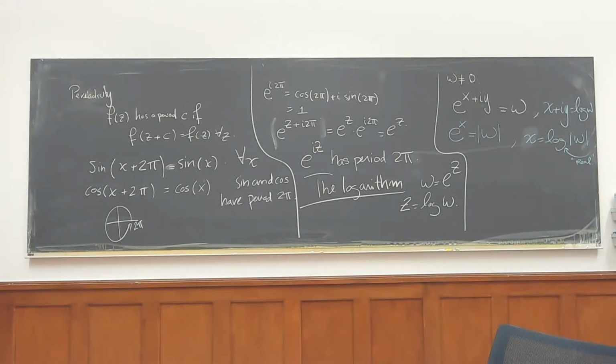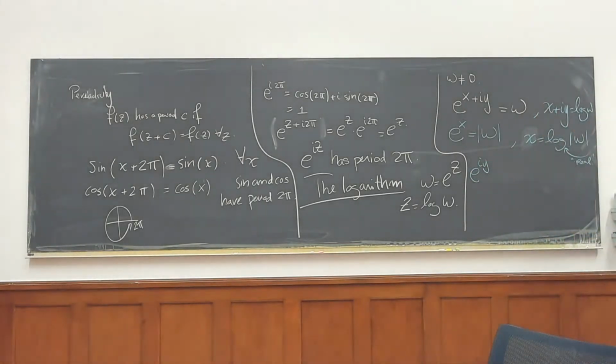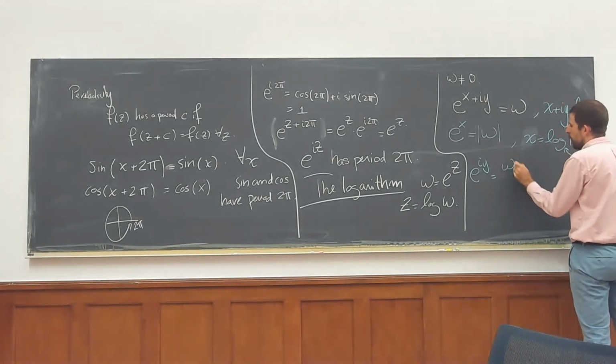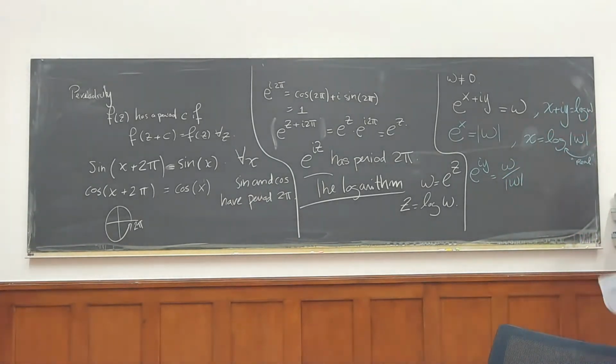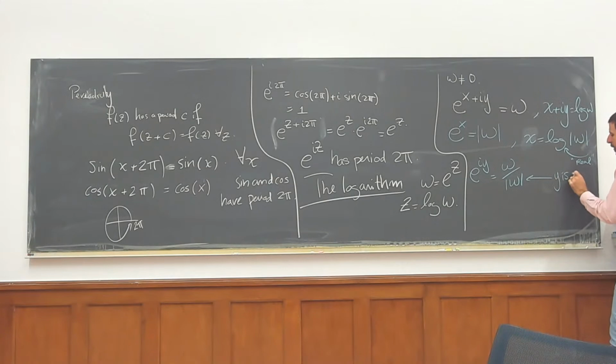But now we have to understand what happens with y. What we know is e to the iy is equal to w over the norm of w. In particular, y is defined up to multiples of 2 pi, because if y is a solution to this, then y plus 2 pi is also a solution.